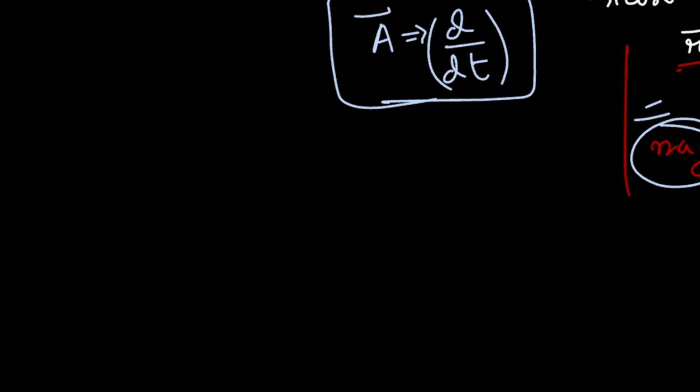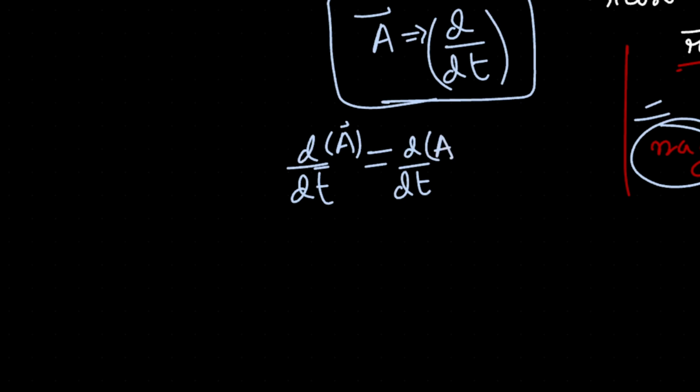Well, if you take the derivative of any vector with respect to time, then what I can write is this vector is actually its magnitude and its direction. And do we know the product rule of derivative?